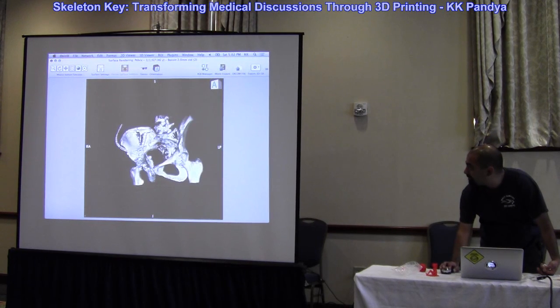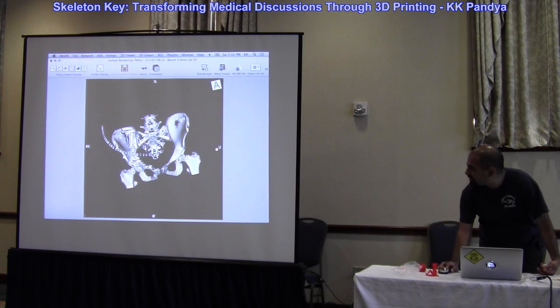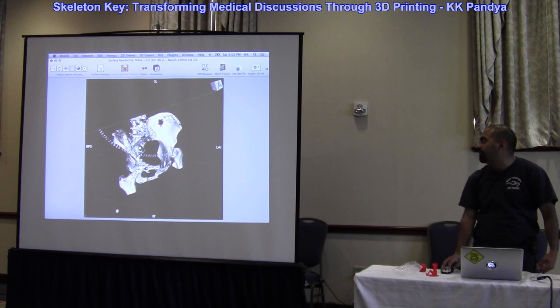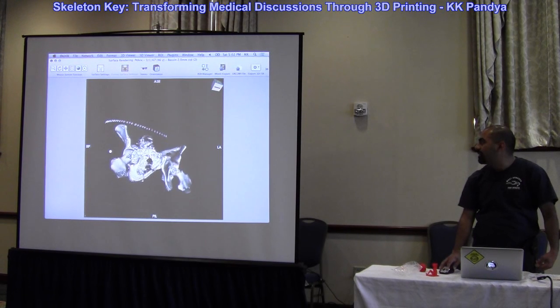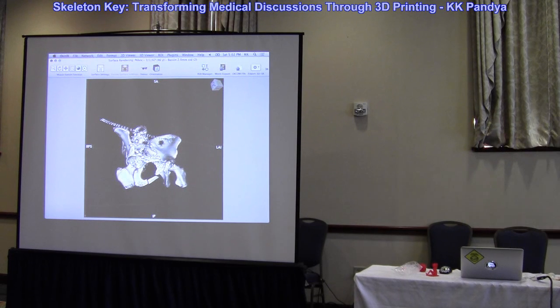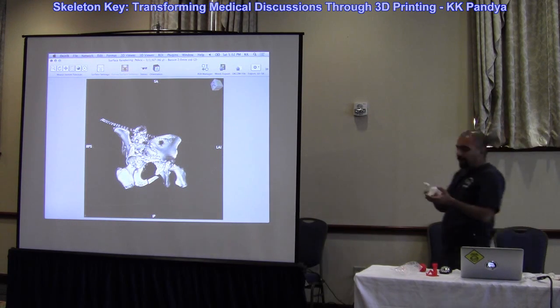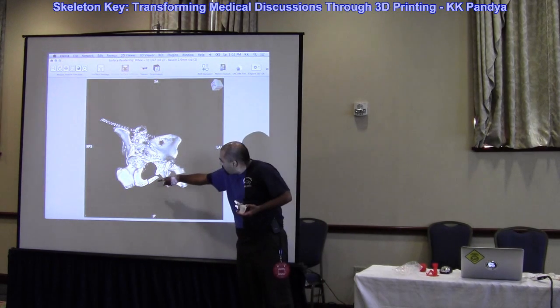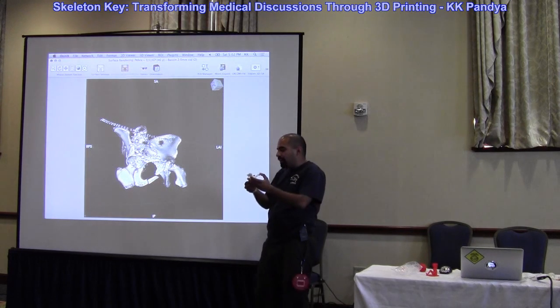It looks moth-eaten, but that's an issue with how the thresholding was set here. But you can see the break. I actually have a model of a hip as well. Pass this around. I believe that's the inferior pubic ramus that is fractured on this patient.